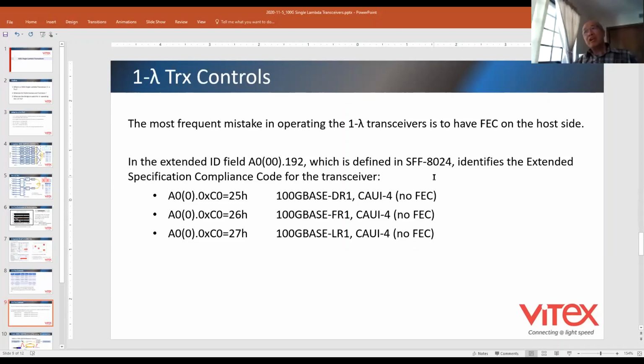Otherwise, we have customers who sometimes turn on the FEC on the host, and it just doesn't work. The traffic doesn't pass, so there is no link. This is a very usual error sometimes made by the user when they first turn on the single lambda. I put it up just for a caution. Look at this and make sure you operate the parts correctly.